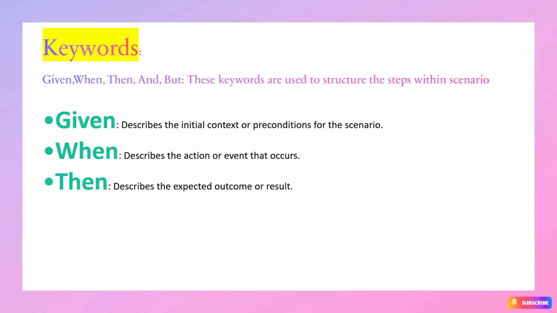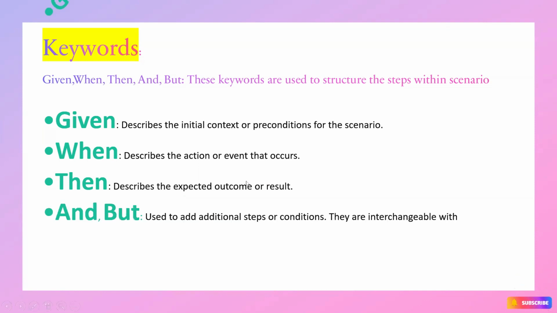Verification or validation points will be given in the then keyword. Always then describes the outcome or result of the system. That means validation points. Right. And next one, and, but, these are additional steps or conditions.